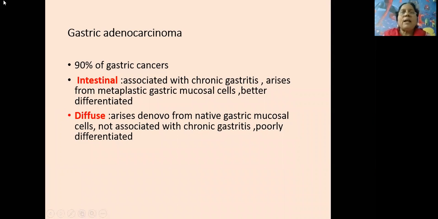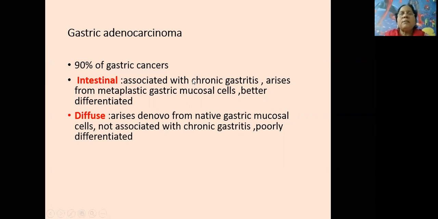So gastric adenocarcinoma is very important. 90% of gastric cancers are adenocarcinoma. There are two types, intestinal type and diffuse type. So how do they differ? The intestinal type is associated with, remember, chronic gastritis, the peptic ulcer disease we have been talking about, intestinal metaplasia, dysplasia.